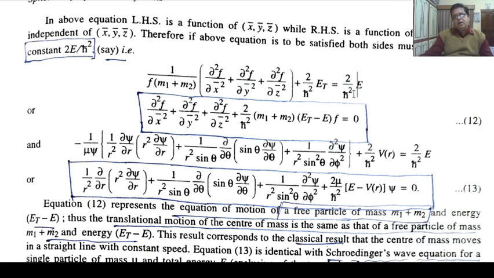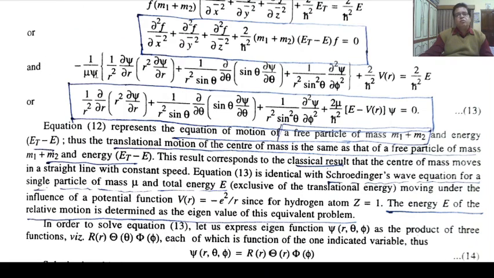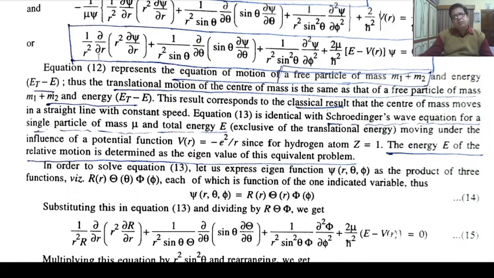1 upon f, 1 upon m1 plus m2 del 2f upon del x bar square plus del 2f upon del y bar square plus del 2f upon del z bar square plus 2 upon h bar square Et equals 2 upon h bar square E. This equation becomes del 2f upon del x bar square plus del 2f upon del y bar square plus del 2f upon del z bar square plus 2 (m1 plus m2) upon h bar square (Et minus E) f equal to 0, and minus 1 upon mu psi, this bracket term is del 2 psi, plus 2 upon h bar square V(r) equals 2 upon h bar square E. Now our r equation becomes 1 upon r square del upon del r square del psi upon del r, the same term.